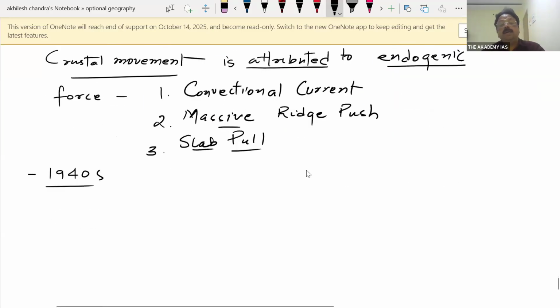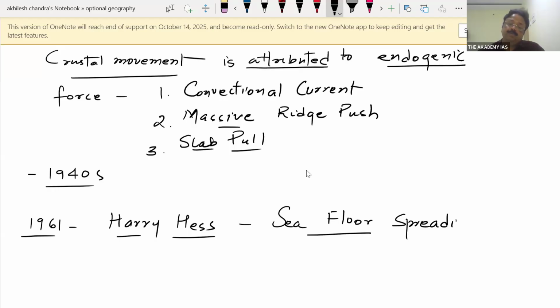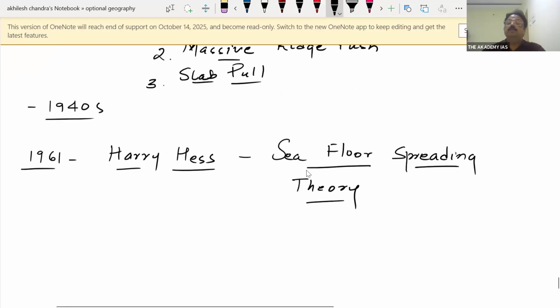And the ocean floor map was also done. Then by 1961, Harry Hess comes with his theory, the sea floor spreading theory, on the very basis of various studies conducted by Harry Hess on the mid-oceanic ridge of the Atlantic Ocean.